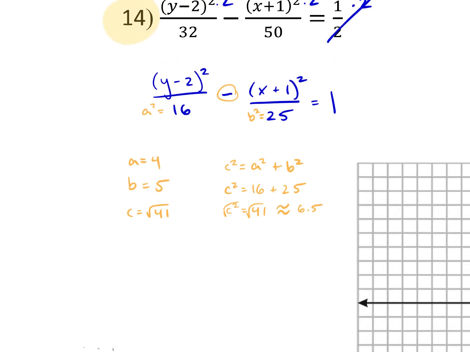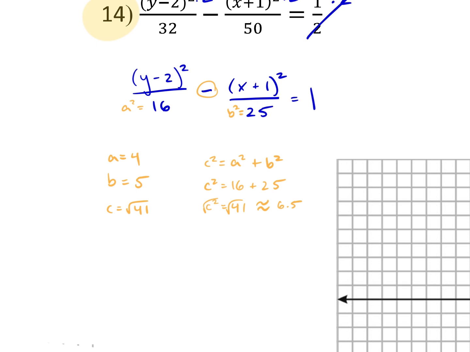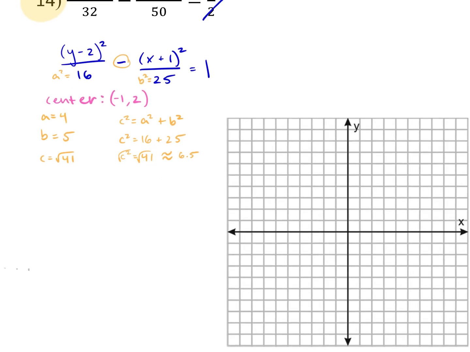All right, let's look back at our question here. Where would our center be? Awesome, -1, 2, perfect, because the 1 is with the x and the 2 is with the y. So -1, 2, we can graph that. Let's go to the left to -1 and up 2.